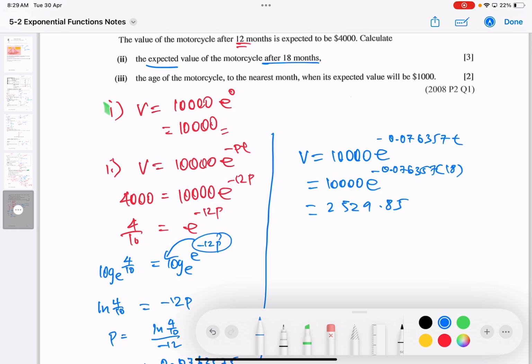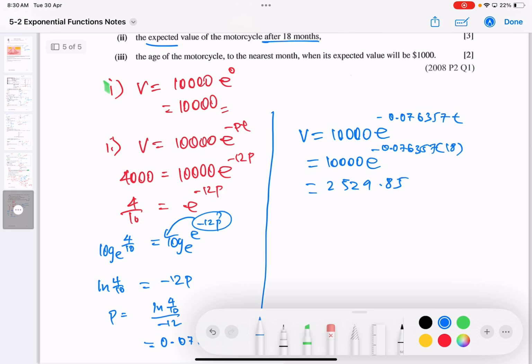The next one, the last one: the age of the motorcycle to the nearest month when its expected value will be $1,000. So same thing, just substitute it in and let's see where it goes. I know that the value is going to be $1,000. This is going to be 10,000 E to the negative, I know my value of P is 0.076357 T. Can you find the value of T?